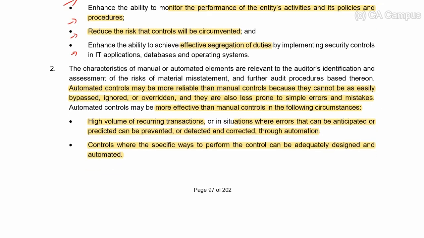Also, automated controls may be more effective than manual controls where you've got a high volume of transactions that are recurring. So you can actually set a program that can help with any errors that you can anticipate or predict, or where you can automate a control because it's easy to design.